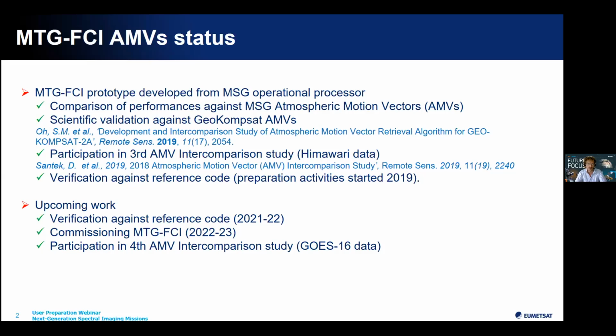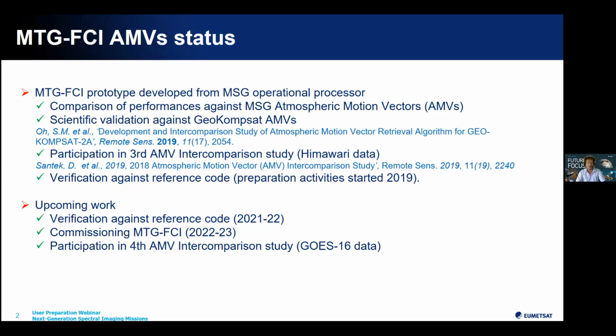The results of this scientific validation were published in a paper 2 years ago in Remote Sensing. And we have also tested the algorithm during the third AMV intercomparison study that was done using Himawari data. The results of this intercomparison study were also published in the Remote Sensing journal 2 years ago.